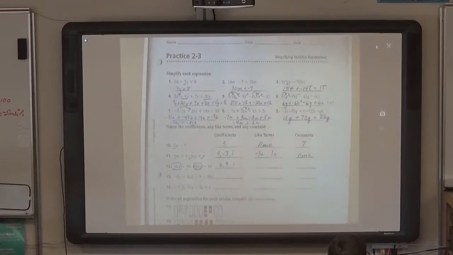It means 9 times k times p. 6kp and positive 1kp are like terms. You can add those together. And put a plus sign in. This -14 is the constant. Not positive 14, it's -14.